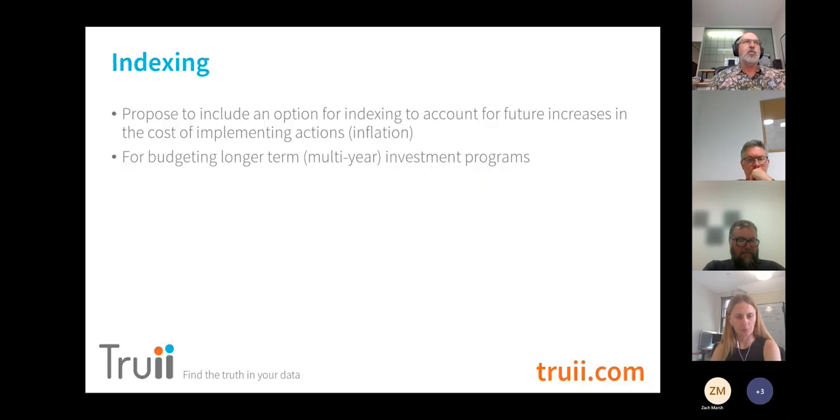And then I've got one more point to discuss, and this came out of Friday's meeting about economics. What we don't have in Reefonomics is any indexing or discounting, but we propose to include the option for indexing, so to account for future increases in the cost of implementing actions.